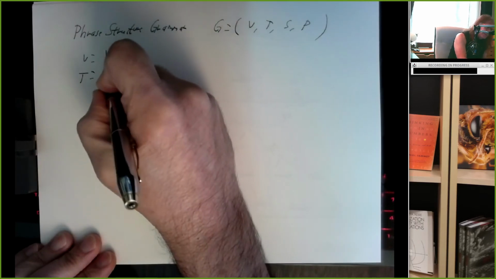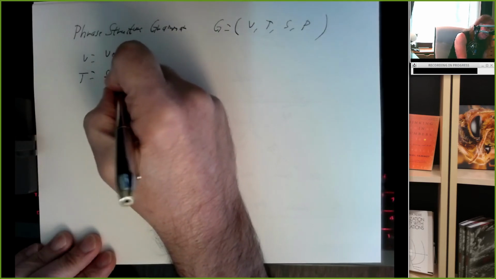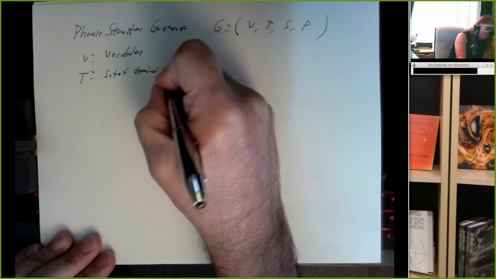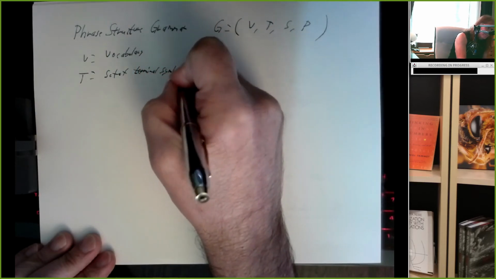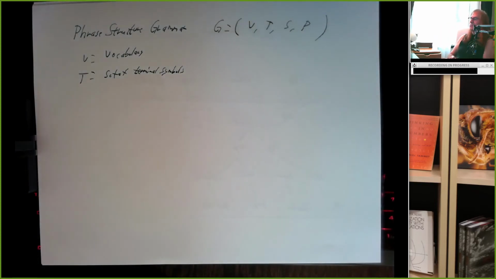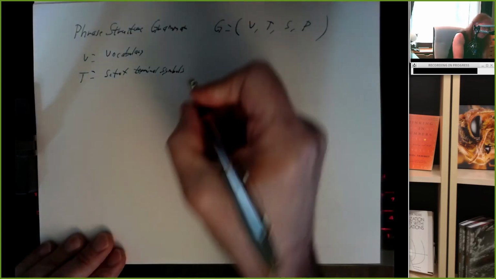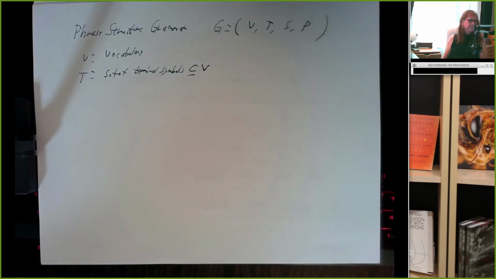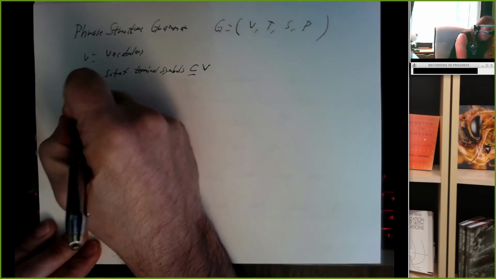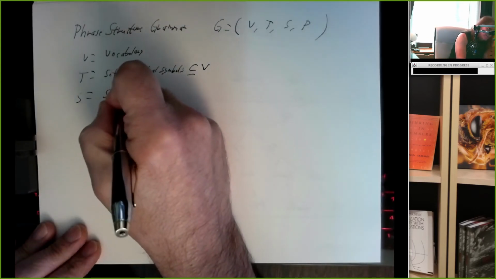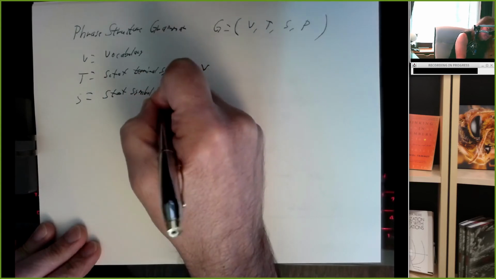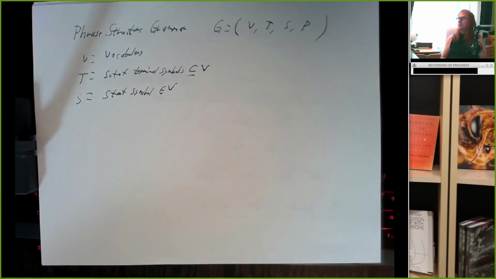T is a set of what we call terminal symbols. We'll get into some examples shortly, and this will make more sense. The set of terminal symbols is a subset of V. S is a start symbol, which is an element of V.